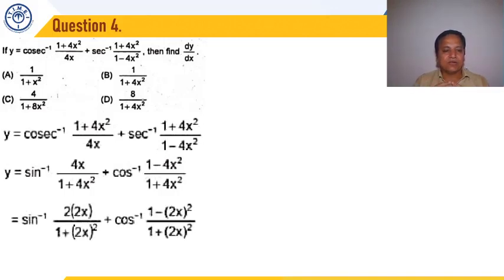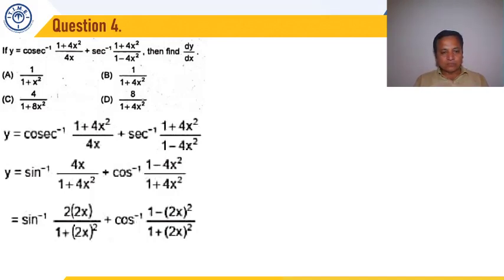Now, we can slightly simplify this expression. Sine inverse of 4x upon 1 plus 4x square is 2 into 2x upon 1 plus (2x) whole square, plus cos inverse (1 minus (2x) whole square) upon (1 plus (2x) whole square).